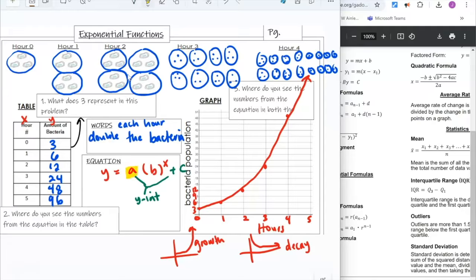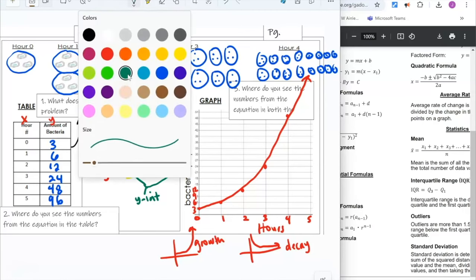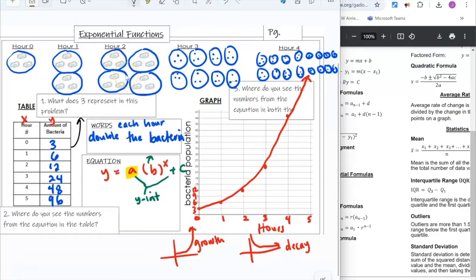Just your a. So a lot of times a is your y-intercept. The only time that changes is if they have another number after the parentheses. It's rare, but it does happen. All right, so your a is your y-intercept, or your a plus c is your y-intercept. Your b is your growth or your decay. It's how it is growing, if it's going up, or how it's decaying if it's going down.